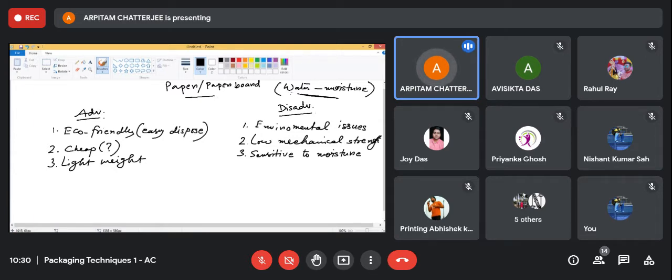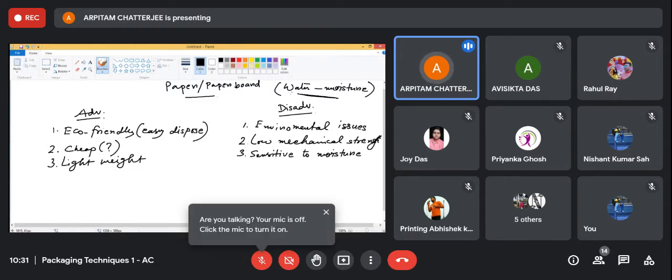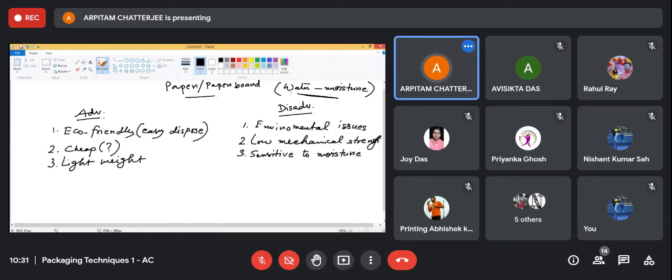But if you dip it for a very long time in water, you may find traces of migration of water particles from outside to inside of the package. Are you getting my point? What is the difference between water and moisture? Are you getting it, or any problem in understanding?